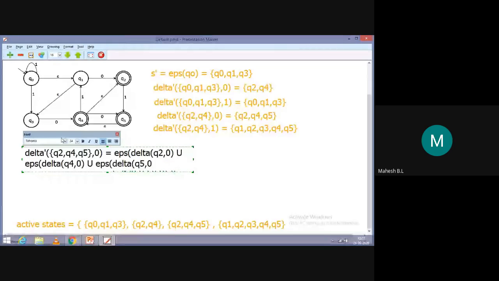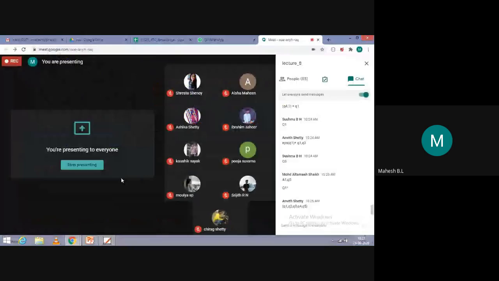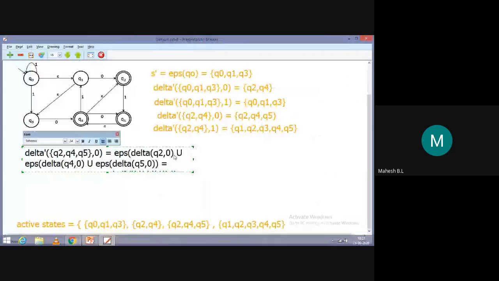This is equal to, you have to compute. Okay. So first you need to compute delta of Q2, 0.